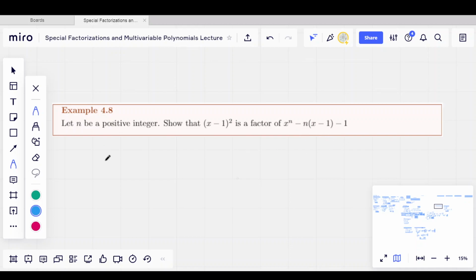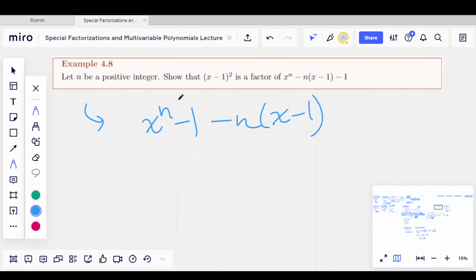We rewrite this as x to the n minus 1 minus n times x minus 1. And then you see this is just the difference of powers. This works for n even or odd. So don't worry about the parity right over here.